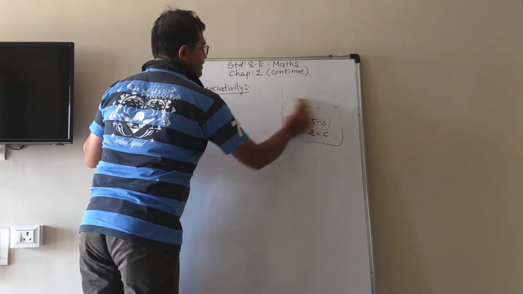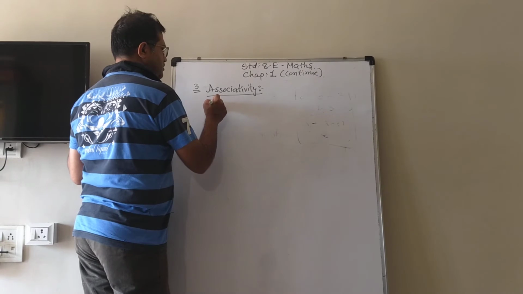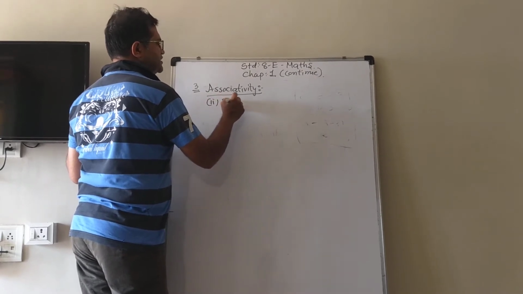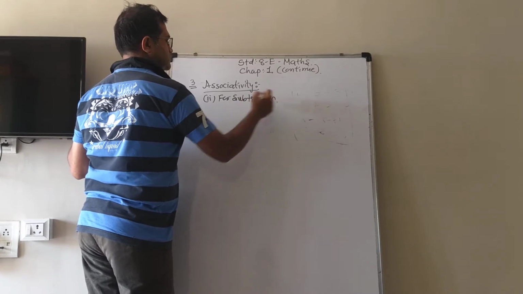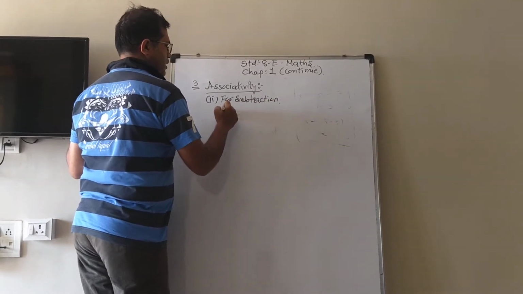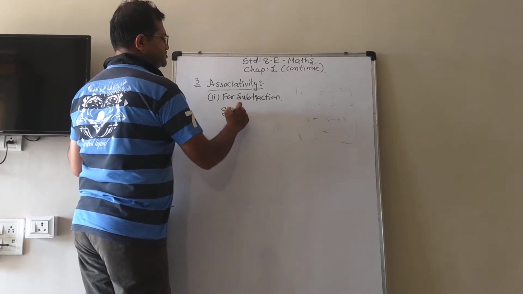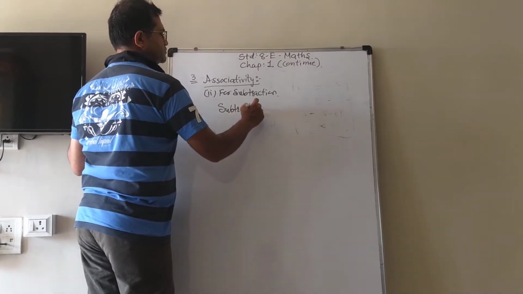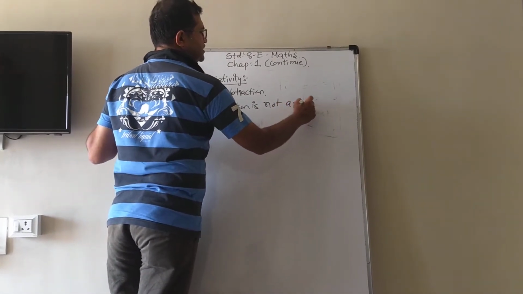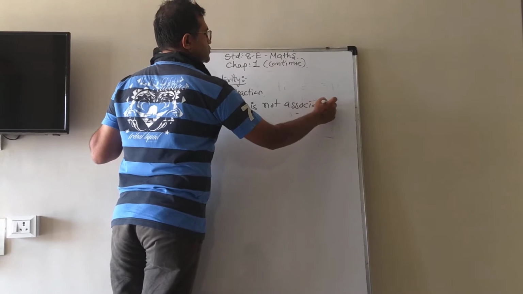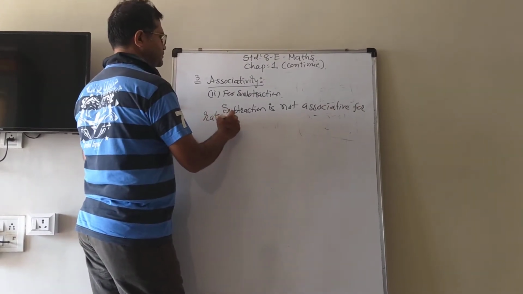So we will write down about it. So second, for subtraction. So we can write down subtraction is not associative for rational numbers.